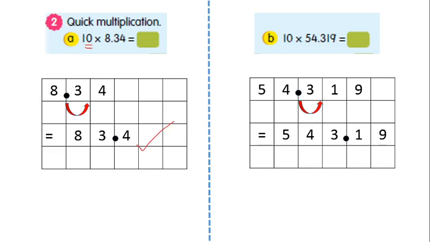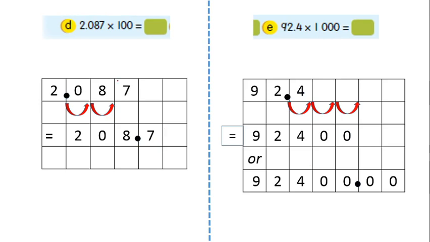Next one, 10 times 54.319. So the same, you shift the decimal point to the right, and you will have 543.19. Okay, you get the answer? Okay, let's look at the next one. D, 2.087 times 100.